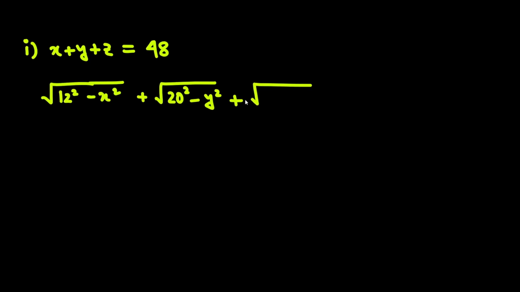Let me just do the square root. That's probably 28. Okay, it's 28. 28 square minus z square is equal to 36. And xyz all are positive real numbers. They are not even 0. They are greater than 0.